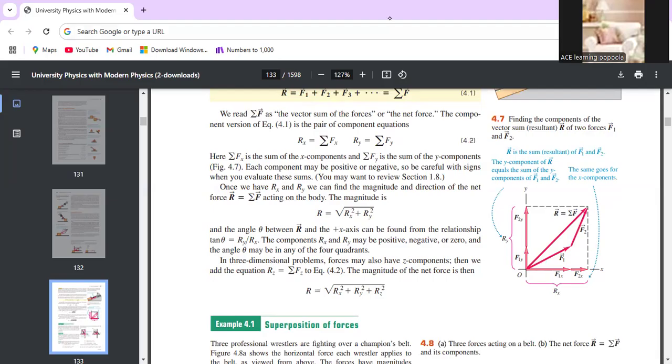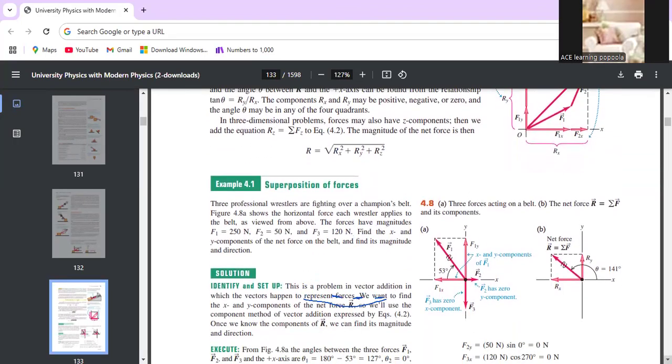So this will be how to do it, okay? All the vectors in the horizontal direction are resolved into one, the vectors in the vertical direction are resolved into one, and the vectors in the z direction are resolved into one, and then all of this is added using vector addition to get the single vector that can replace all those vectors. So I hope this is clear to you.